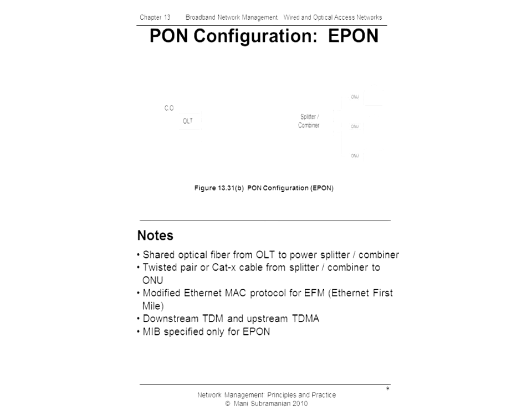This figure shows PON configuration, that is EPON. Here we have the ONU, which is a passive optical power splitter combiner, which distributes the signal to multiple homes. So the link between OLT and the passive optical splitter combiner in this case uses Ethernet or ATM protocol.